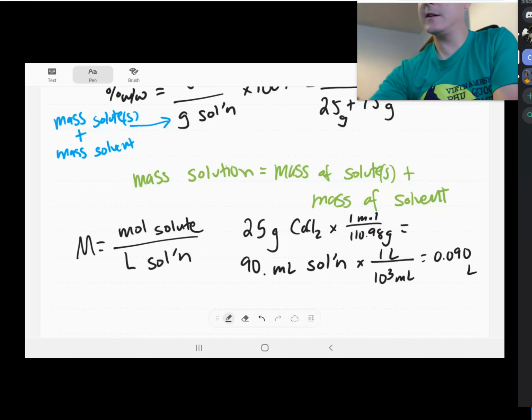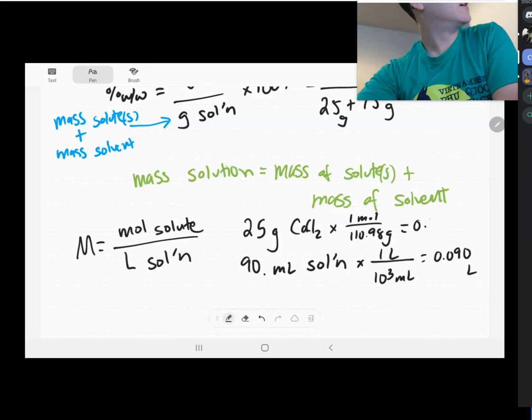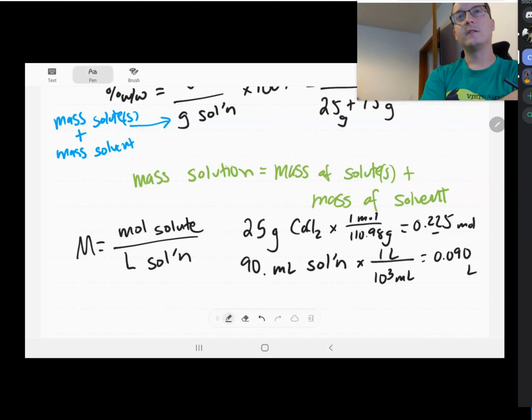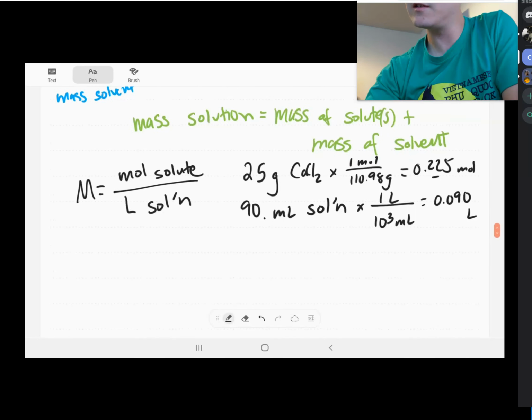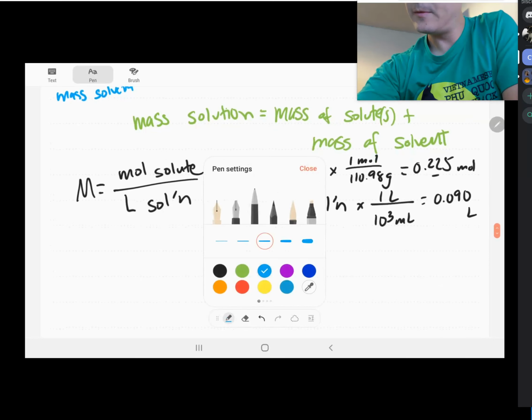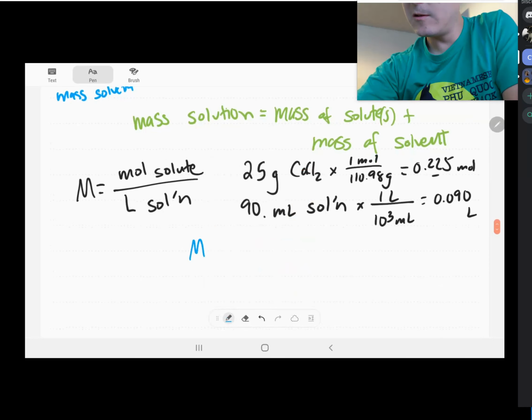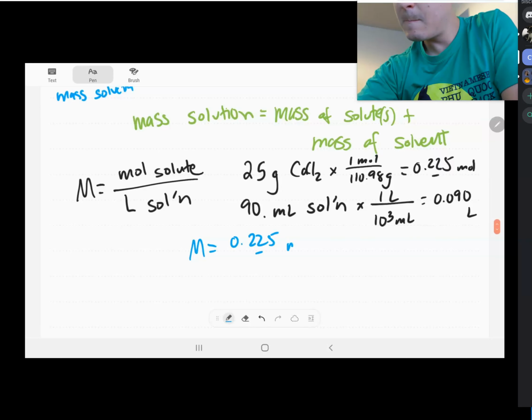Okay, so that gives us 0.225 moles. And then if we wanted to find the molarity, we're just going to divide those two numbers. So in blue, 0.225 mole calcium chloride.